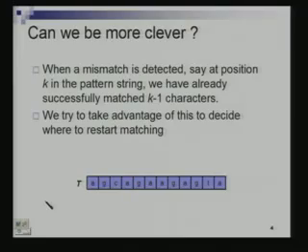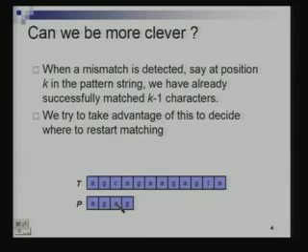When a mismatch is detected at a certain position, let us say at position k in the pattern string, what do we know? We know that we have matched k minus 1 characters before that, and we will try and take advantage of this fact. Let us see what I mean by this, right. Here the mismatch is detected at position 3 of the pattern.